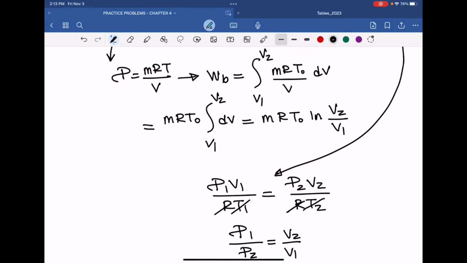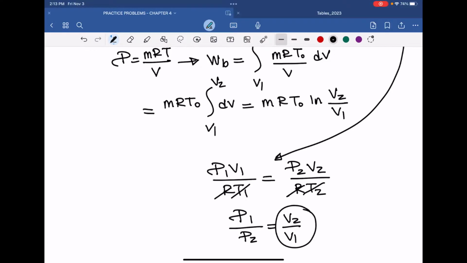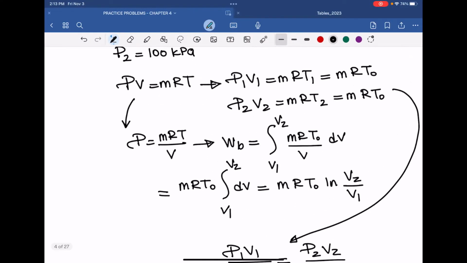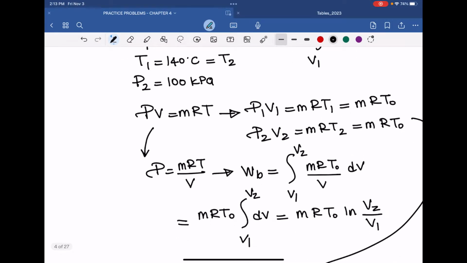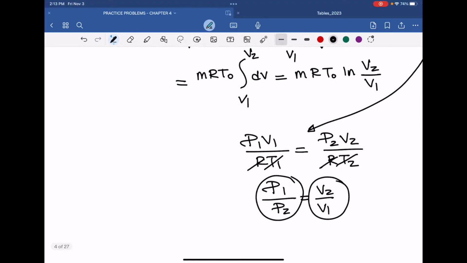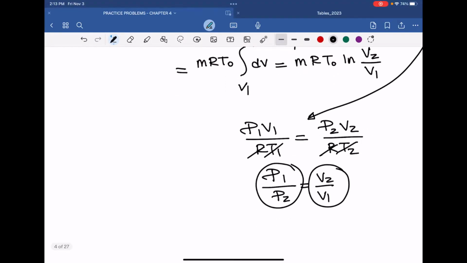So there's an opportunity where if we don't know the volumes, we can replace them with pressures. And in here, you know the pressures. So one way to solve this is mRT naught ln, replacing V2 over V1 with P1 over P2.